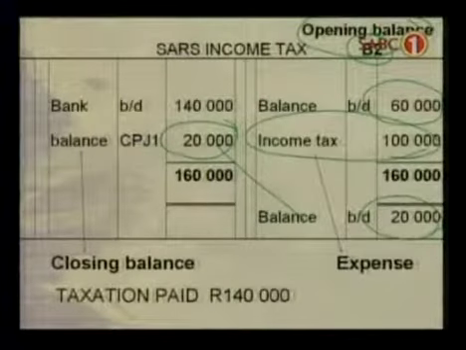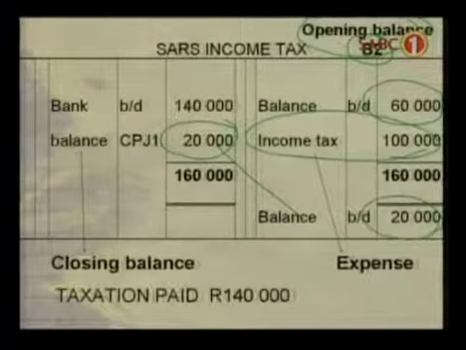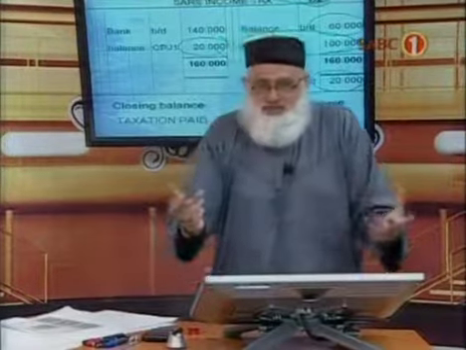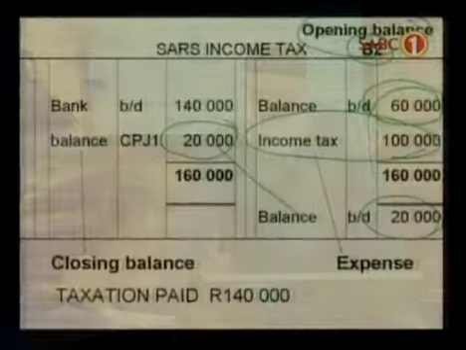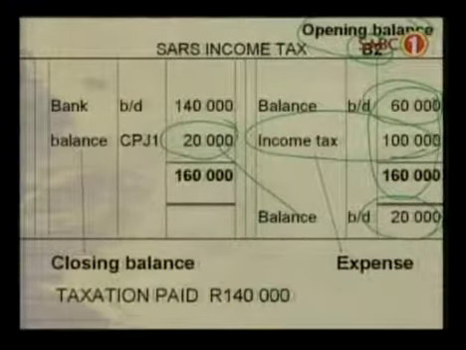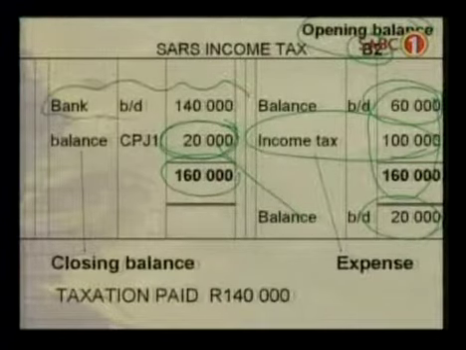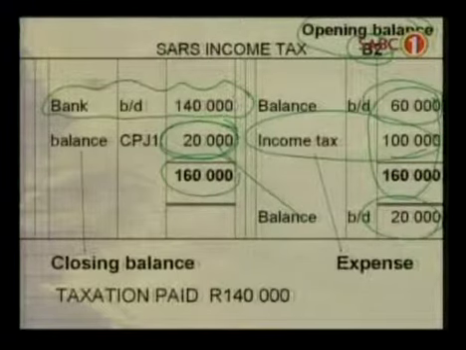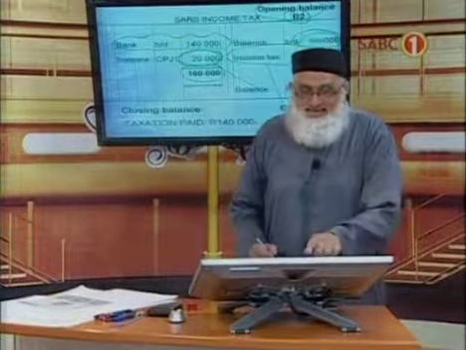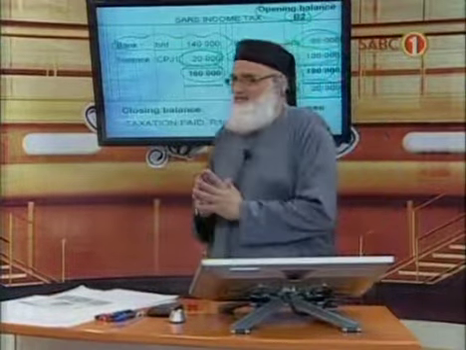So now you've got opening balance, you've got closing balance, and now you've brought in your income tax. And voila. What are we looking for? We're looking for the missing figure. Watch this. 160,000, right? There's my 20,000 as my balance, and this is the missing figure that I require. Okay, so therefore, you can clearly see that the amount of taxation that has been paid is 140,000.